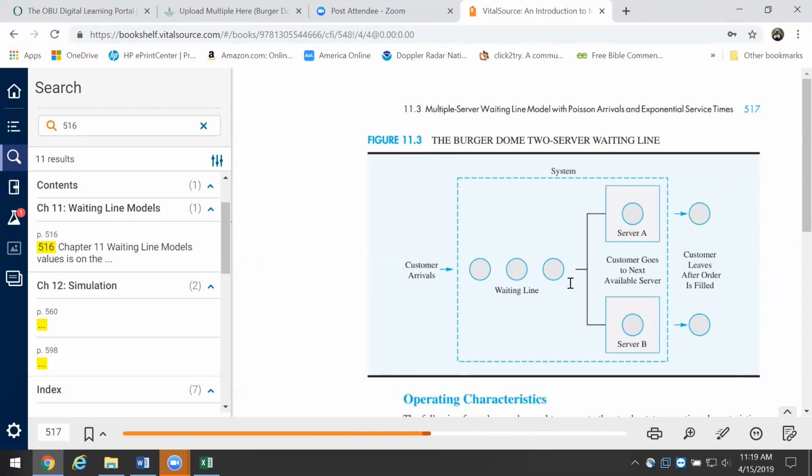All right. If there's not, you want to dig into it and see why. And it may be that for some reason, say server A gets some really big or complicated orders to handle. And then while those people are being taken care of, two people go through the line and get taken care of by server B, or vice versa.